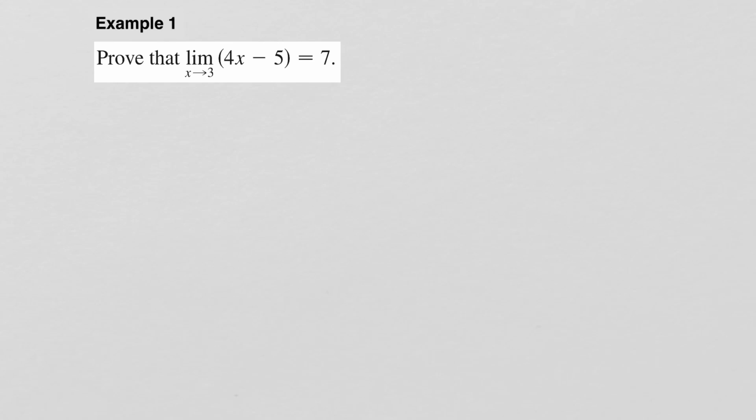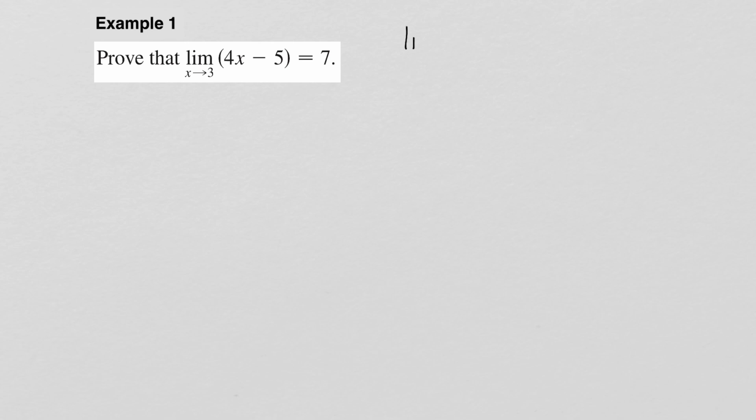Here we want to prove that the limit as x approaches 3 of the function 4x minus 5 is equal to 7. Now we know this is true based upon the limit laws that we've learned in previous lessons. But now we want to prove this using the precise definition of a limit.